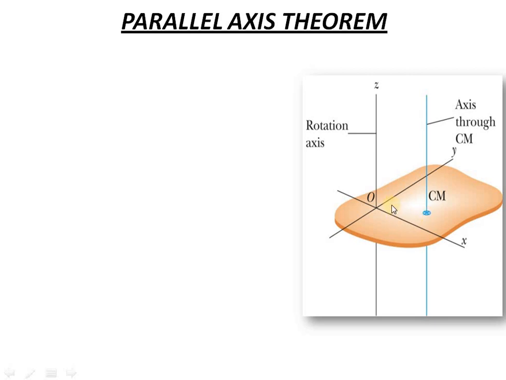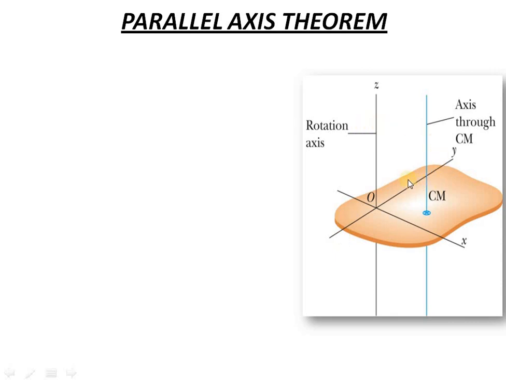And you can call the moment of inertia of the body with respect to the z-axis Iz, which is some other axis. That means you can rotate the body with respect to the center of mass axis, or with respect to the z-axis.